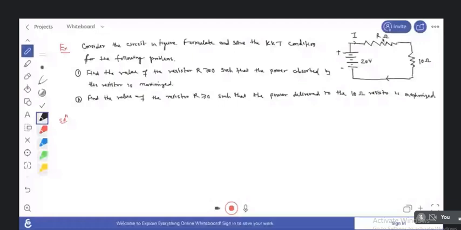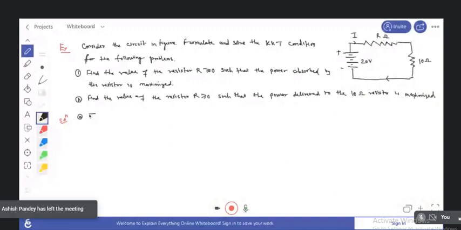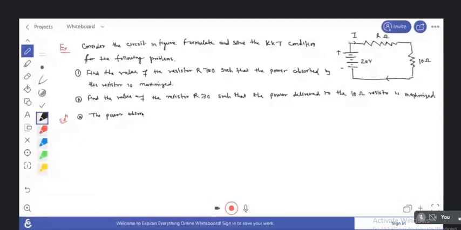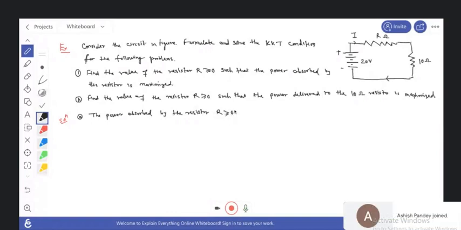The power absorbed by the resistor R, where R is greater than or equal to 0, is I squared R. What is the value of the current here?